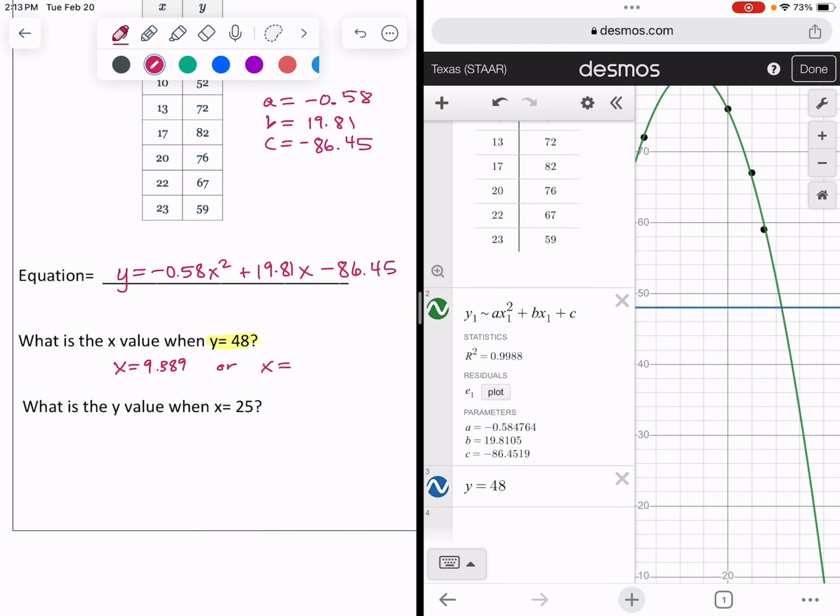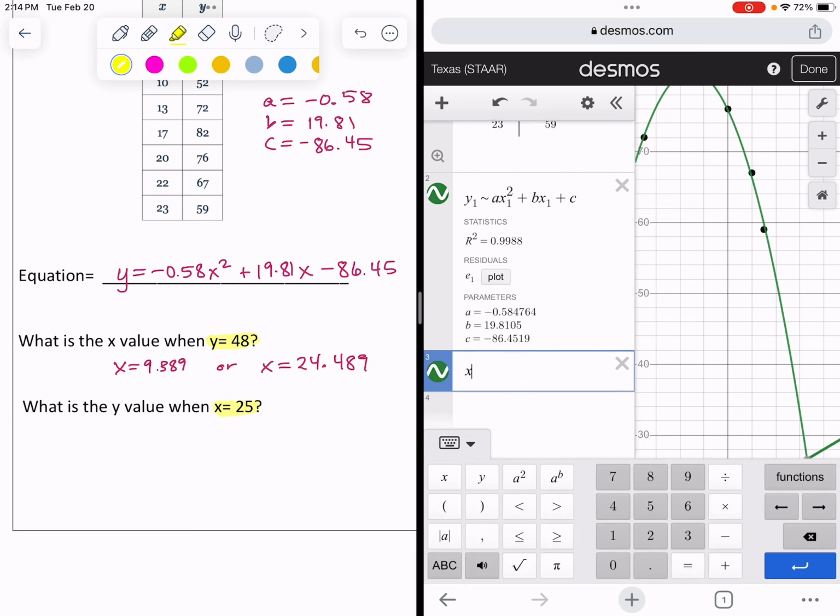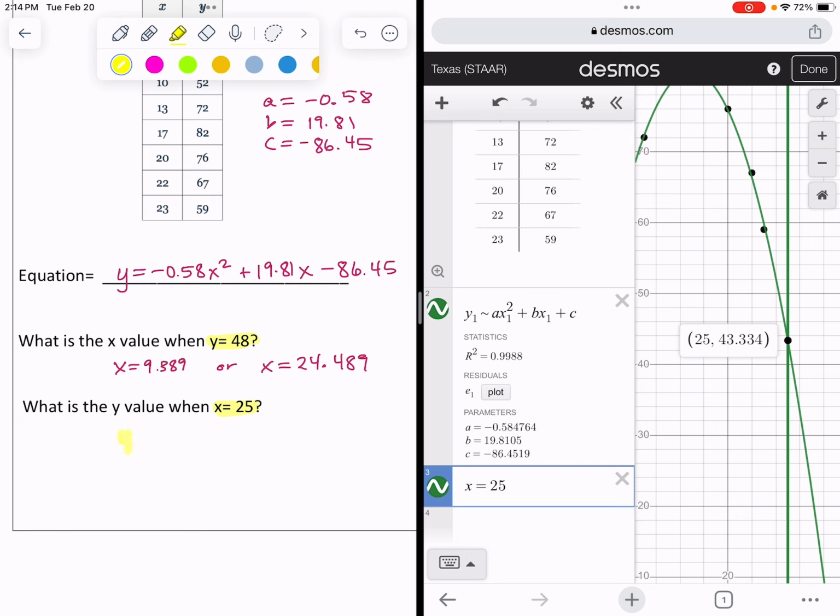They may specify what to round to. 24.489. Next question, what is the y value when x equals 25? The y value would be 43.334.